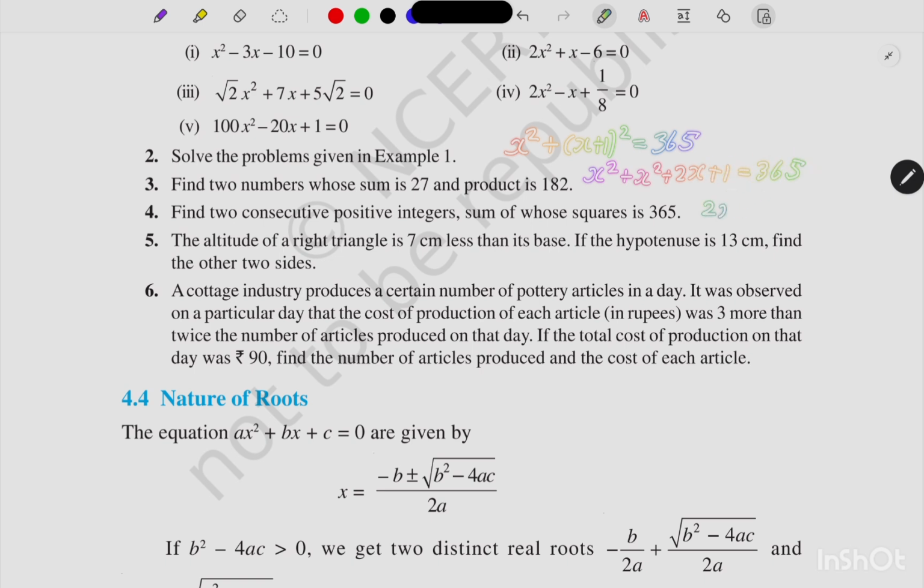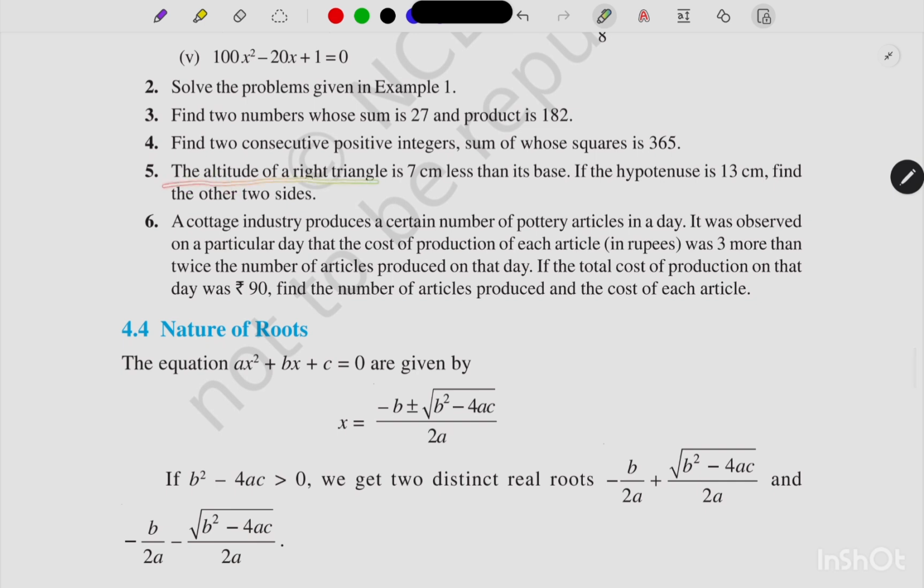That is 2x square plus 2x minus 364 equal to 0. Moreover, you can divide this entire equation by 2 and you will get x square plus x minus 182, and this shall be 0 by 2, which is 0. You can solve this too.